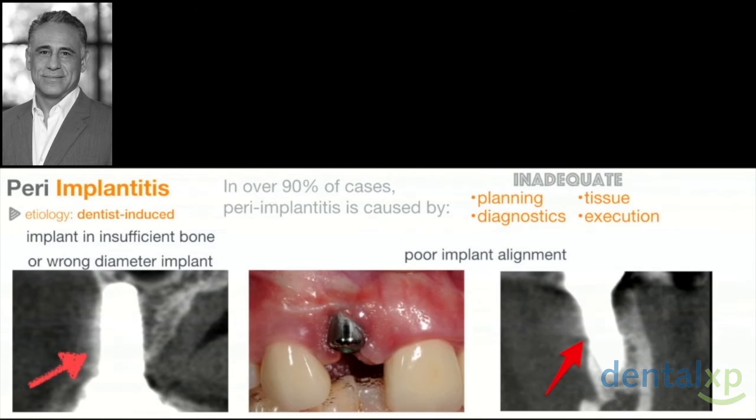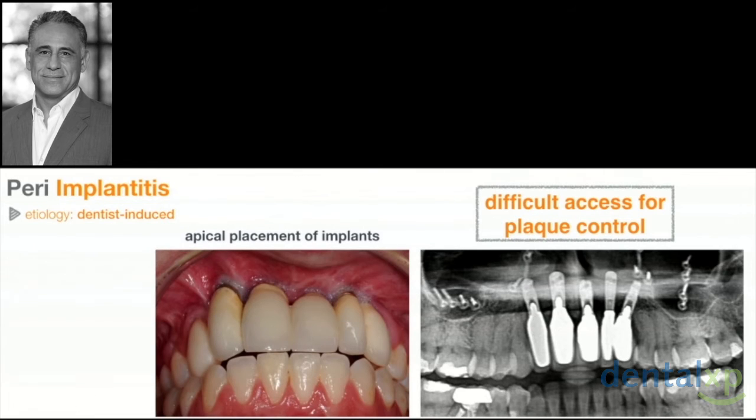Poor implant alignment is a really frequent observation, such as this patient's, where the implants are placed entirely way too buccally with loss of tissue and loss of bone. This again exposes the threads to the oral environment with increased susceptibility to inflammation.